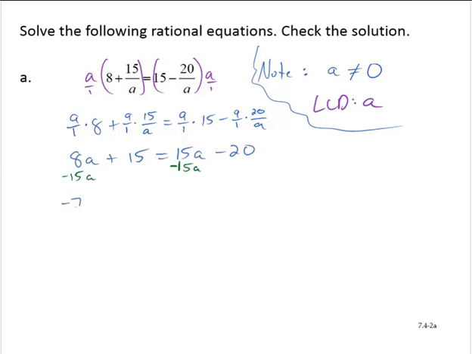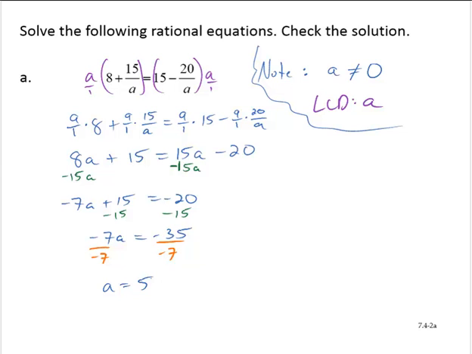So we have negative 7a plus 15 is equal to negative 20. And then I will subtract 15 from both sides of the equation, yielding negative 7a is equal to negative 35. And finally, I will divide through by negative 7, yielding a is equal to 5.